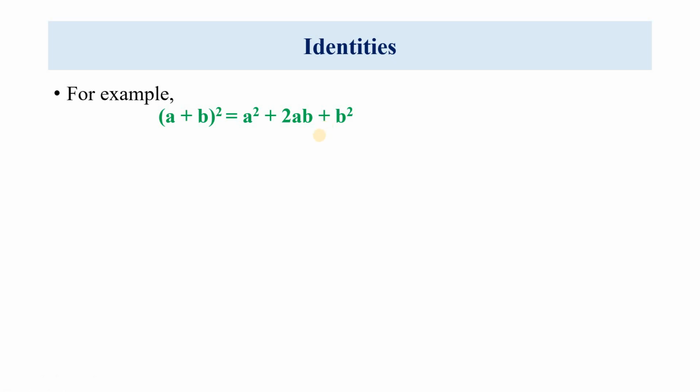This is a very well-known formula to us all. Another example is pi equal to r minus c, where pi stands for profit, r stands for revenue, and c stands for cost.